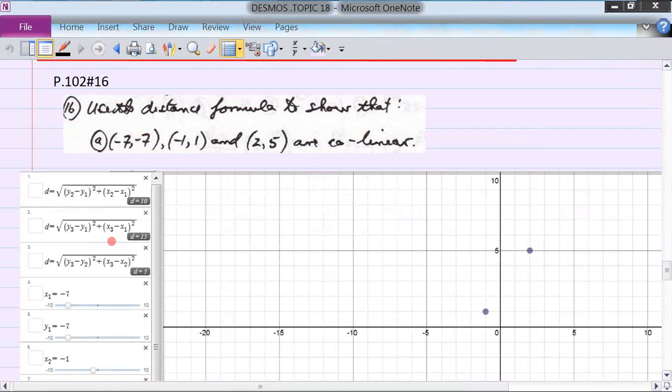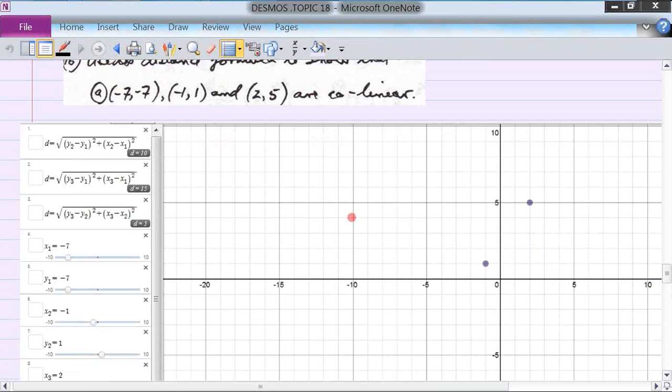Okay, use the distance formula to show that minus 7, minus 7, minus 1, 1, and 2, 5 are collinear. So what I've done is I've entered distance formulas. I probably should have done this a little differently, but I put in distance formulas.